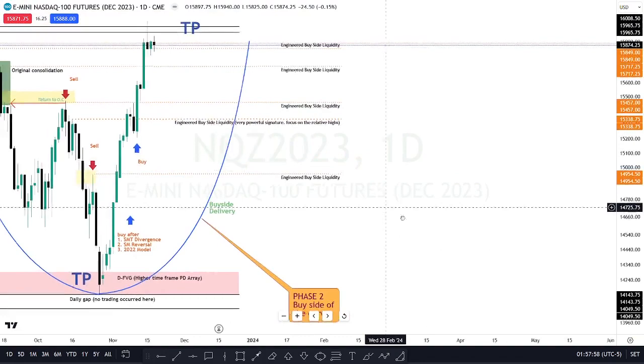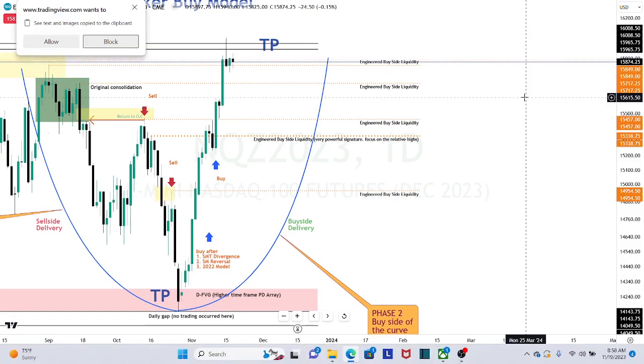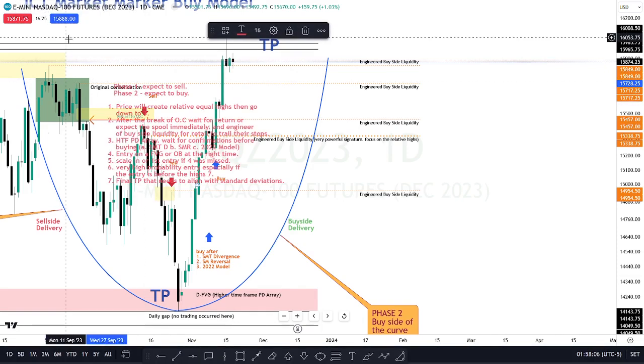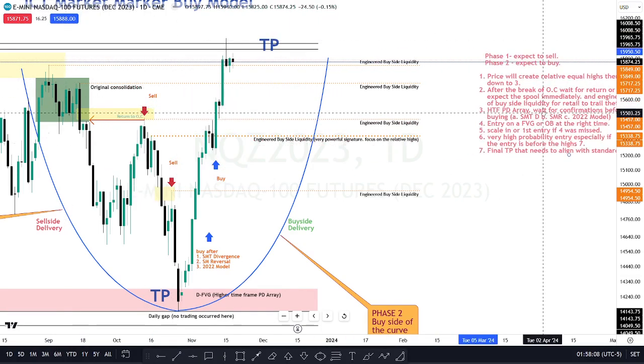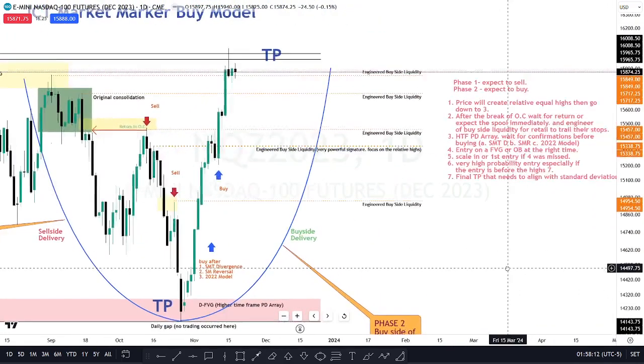Okay, let us just put them here so that they can help us read the price, so that they can be of help.